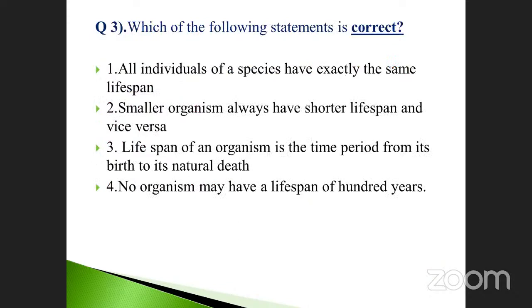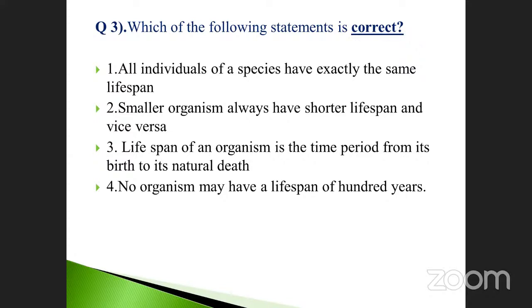Which of the following statements is correct? Once again, very carefully. All individuals of a species have exactly the same lifespan. Smaller organisms always have a shorter lifespan and vice versa.